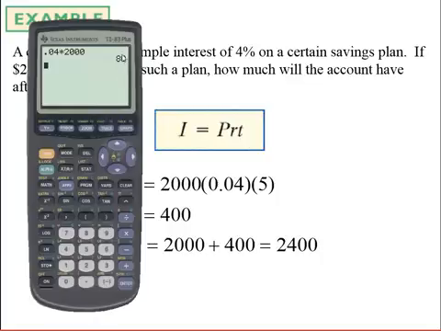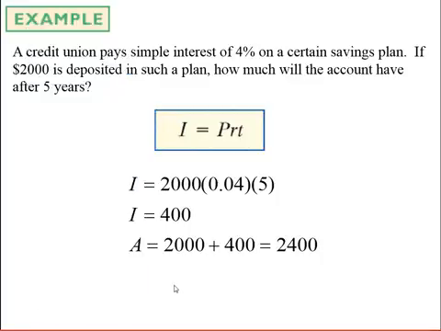I'm just earning $80 at the end of each year. So over the life of the 5 years, I get the $400 in interest. Now what's interesting about compound interest is we're going to actually add the money back into the account before I calculate the next cycle of interest. Let's see what that means.